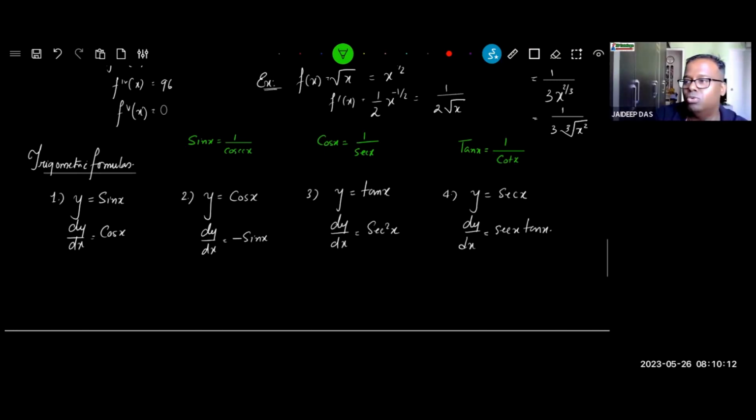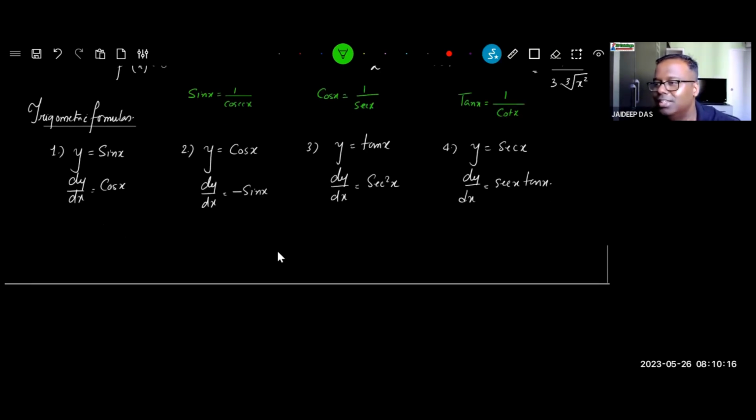Now look, 2 more formulas will come out from here. We are pending with 2 more. If you know the first 2, the rest can be found if you fall in trouble. But I want to tell you these 2. I'm left with dy by dx of cosec x.